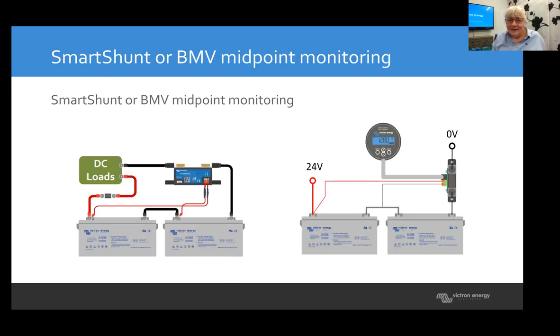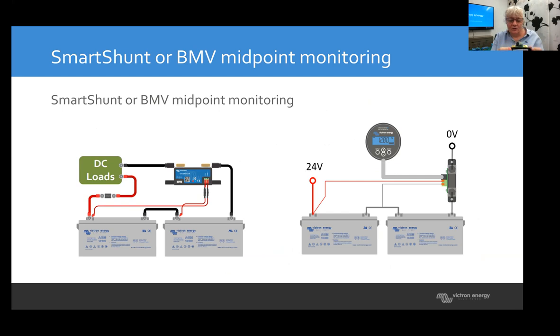But the smart shunt and the BMV also monitor midpoints. They have the version 2, or the smart shunt has it already built in, that second input on the shunt. So you can use it to monitor the start battery, but you can also use it to monitor that midpoint. So if you don't care about the start battery and you have a 702 or a smart shunt, maybe consider monitoring a midpoint.